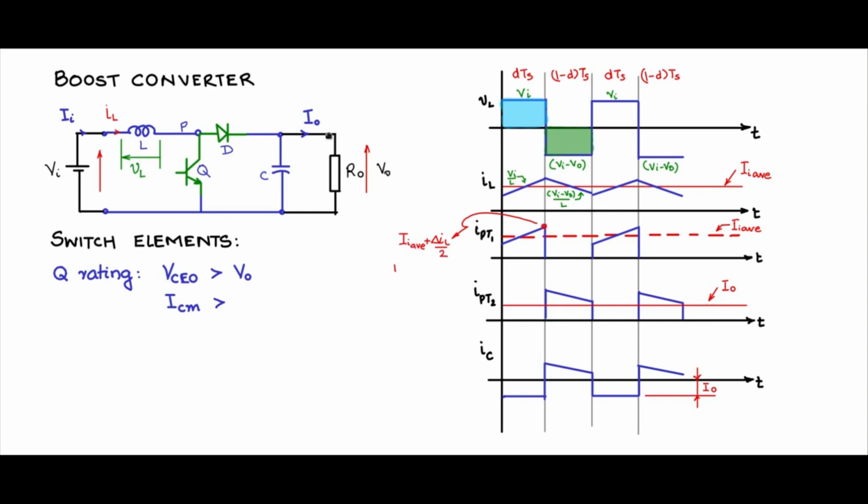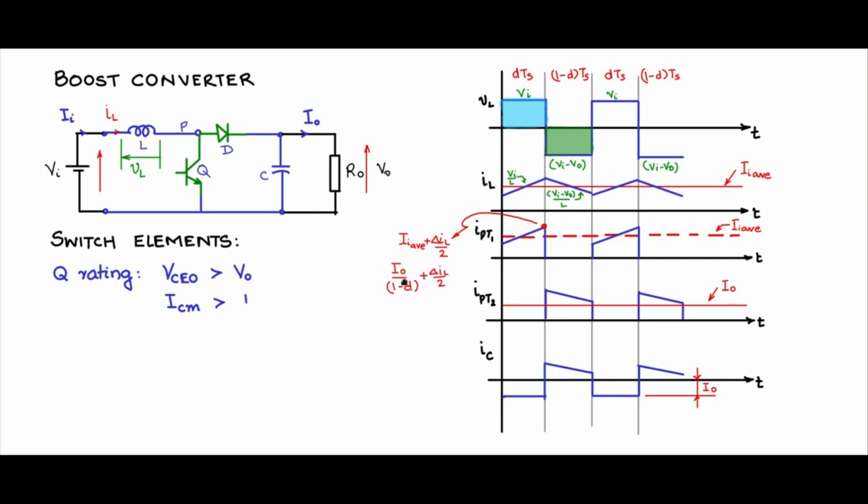We know we developed the input output current relationship where I in is equal to I0 by 1 minus D. So therefore let's say I0 by 1 minus D is this I in average plus delta IL by 2.